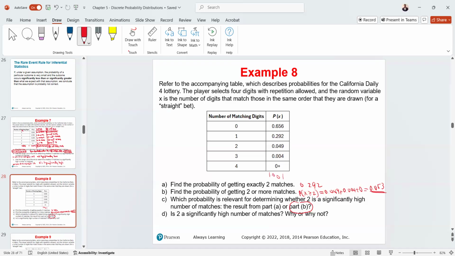It's 5.3%, so it's not less than 5%. So the answer is no, because the probability of 2 or more matches is not low, not less than or equal to 5%.